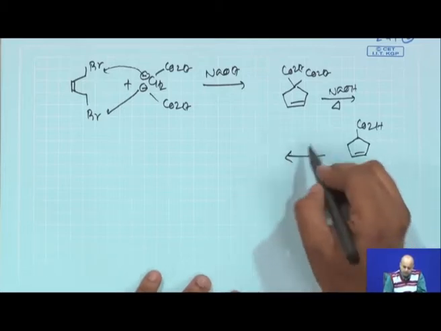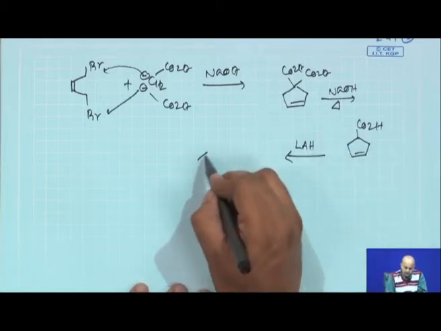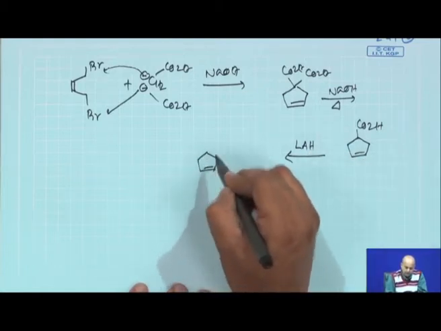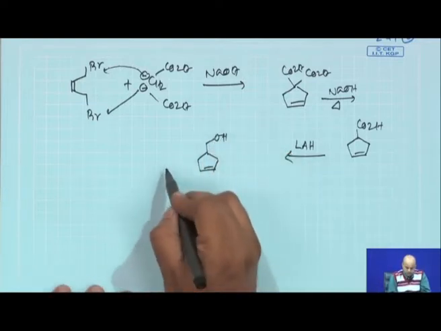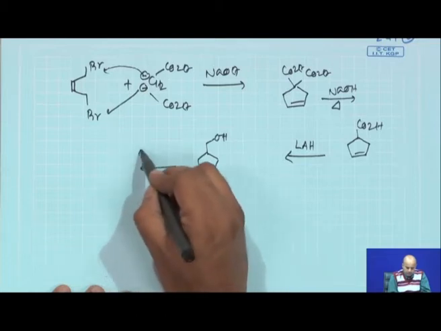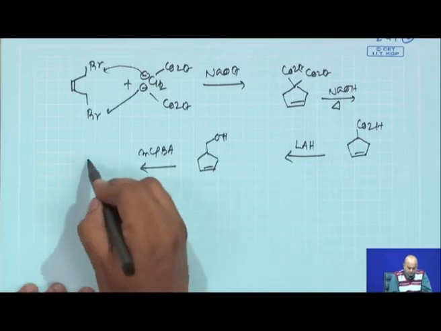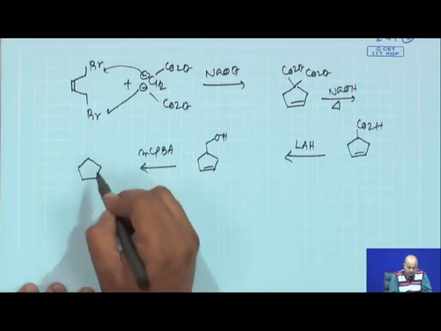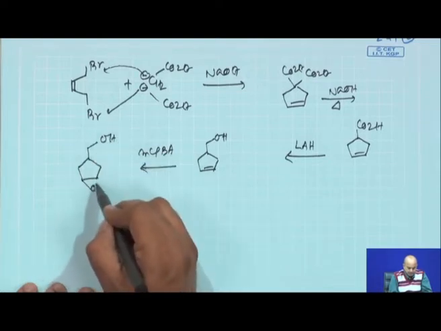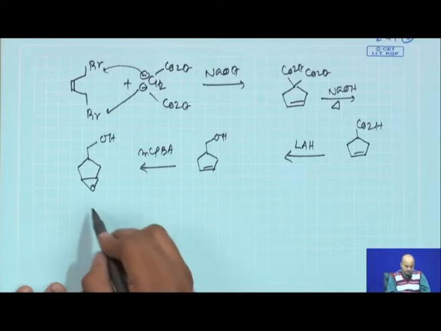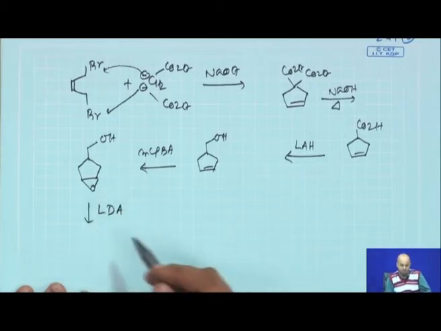Now, this one you basically convert to the corresponding alcohol by lithium aluminum hydride, that will basically give you CH2OH. Now, this you convert with mCPBA to basically give you the epoxy alcohol. Now, you treat with your desymmetrization reagent, the LDA.